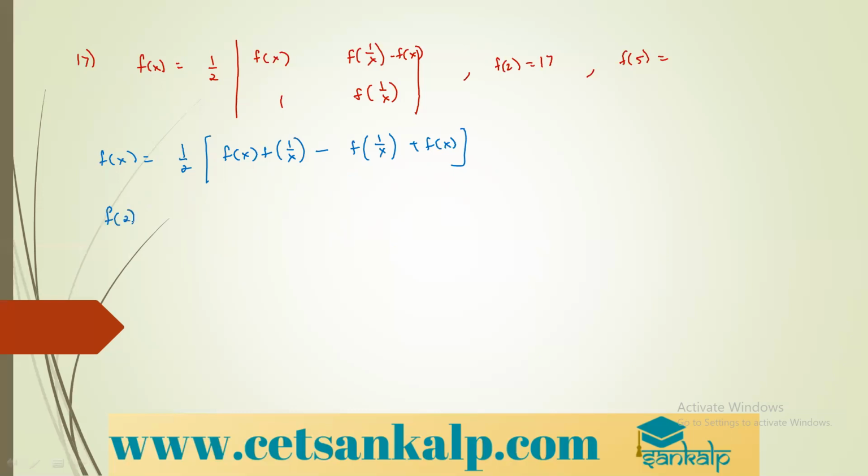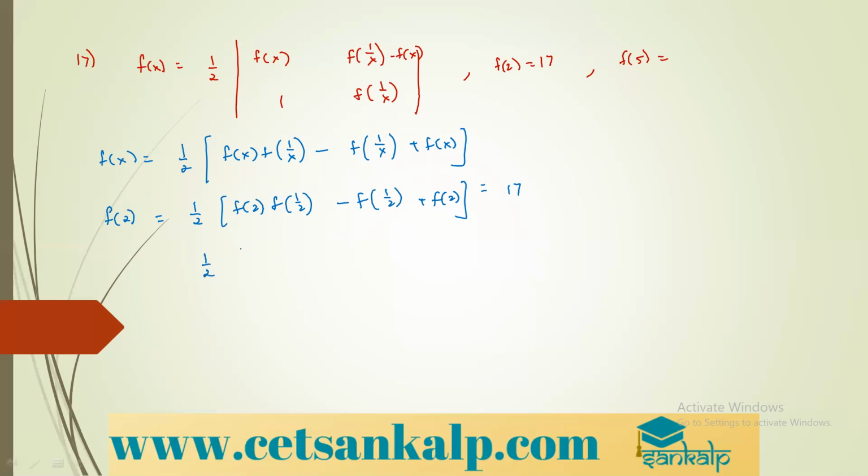Now, f of 2 is given as 17. So if I put x as 2: f of 2, 1 by 2, f of 2, f of 1 by 2 minus f of 1 by 2 plus f of 2. This is given as 17.